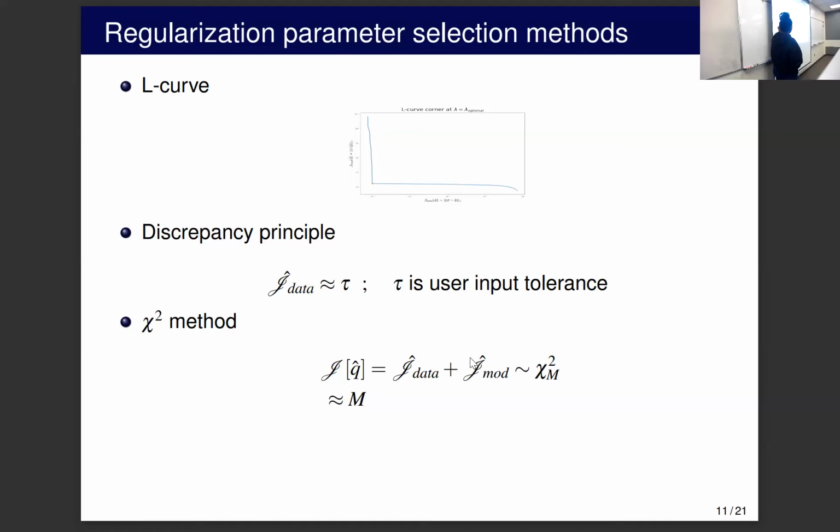For the discrepancy principle, the optimal parameter is the one that gives us J data of Q hat approximately equal to tau, which is a user input tolerance. And for the chi-square method, the optimal parameter, lambda optimal, is the one that gives us the objective function of Q hat that follows a chi-square distribution of M degrees of freedom, and this is approximately equal to M, where M is the number of observations.